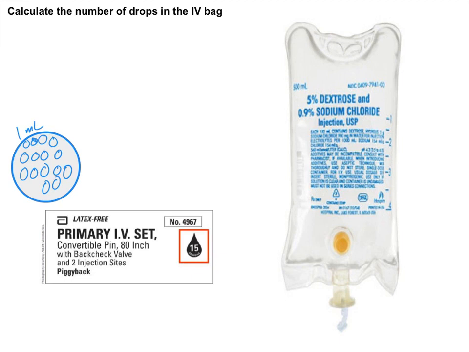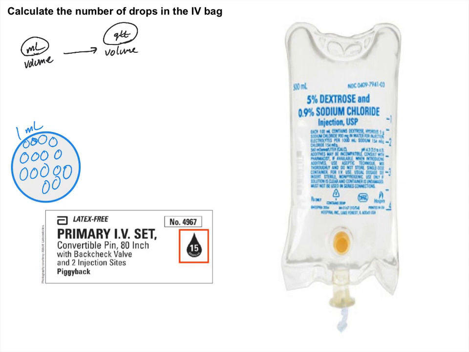Now, how can we use this drop factor and the volume in our bag to calculate the total number of drops? If you reflect back onto the original informal way of thinking about these formulas, what we need to think about is how many drops this patient is going to receive. This is just taking one measure of volume, specifically a milliliter, and converting it into another measure of volume, which is just drops.